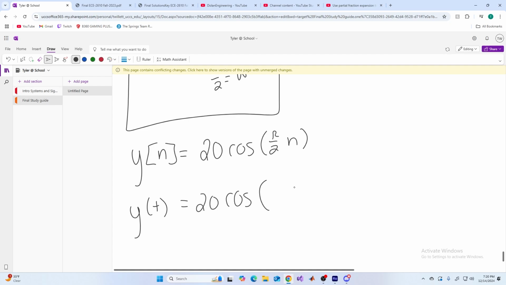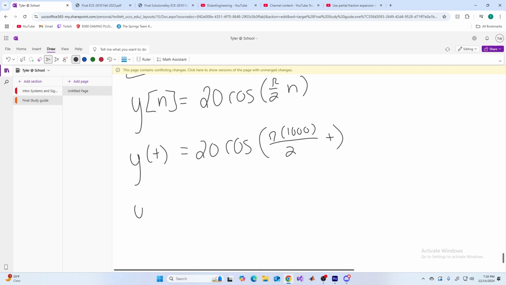Remember, we divided by 1,000 to get this, so we need to multiply by 1,000 to get our t. So y sub t equals 20 cosine. This will go to 500 pi t.